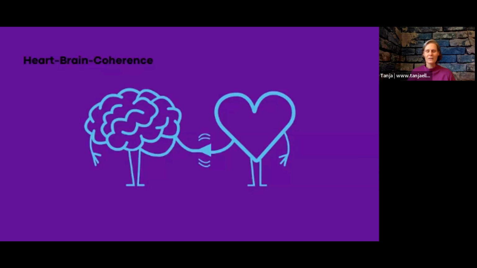Just simply notice how it is flowing in and out of your nose. Maybe you feel how the air passes your nostrils. And without changing anything, you just observe for a moment. And then you can start deepening your breath and breathe in deeply through your nose and breathe out deeply through your mouth.